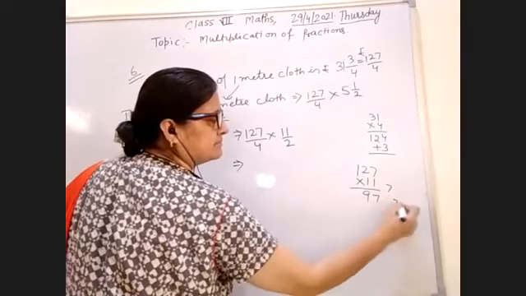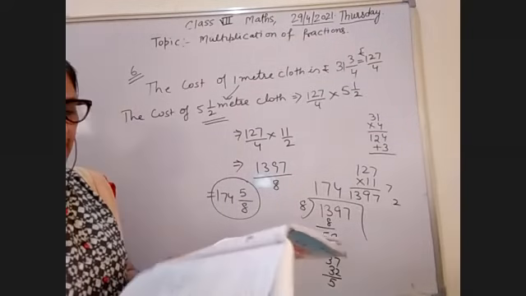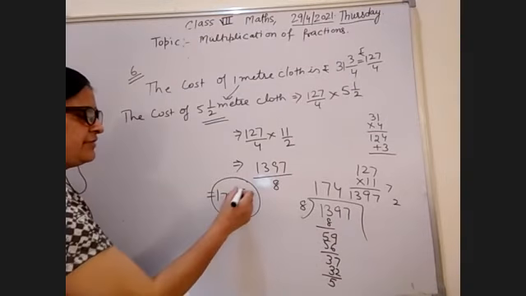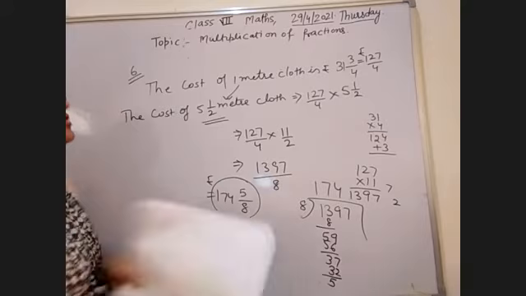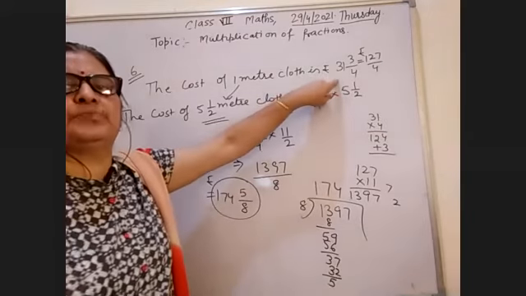Now you will have to change this improper fraction into a mixed fraction. 8 1s are 8, 8 7s are 56, 8 4s are 32, 5 is left. So you will write your answer like this: 174:5/8 rupees. You have to find the cost in rupees.